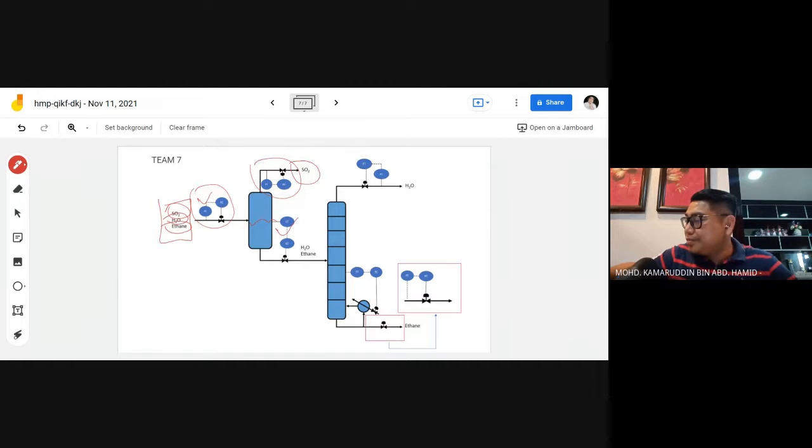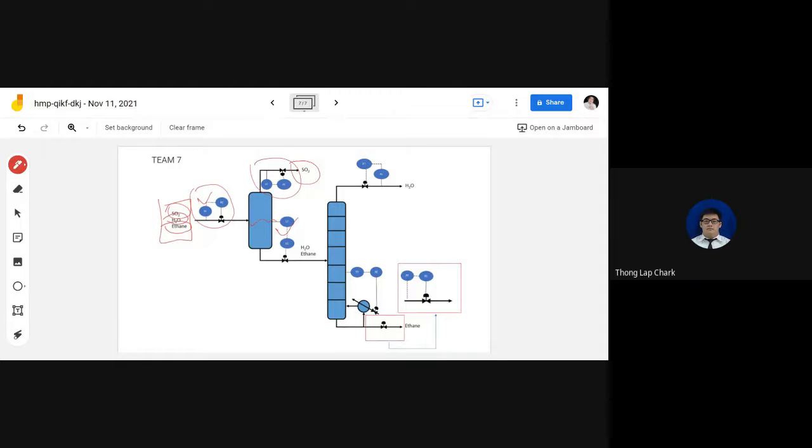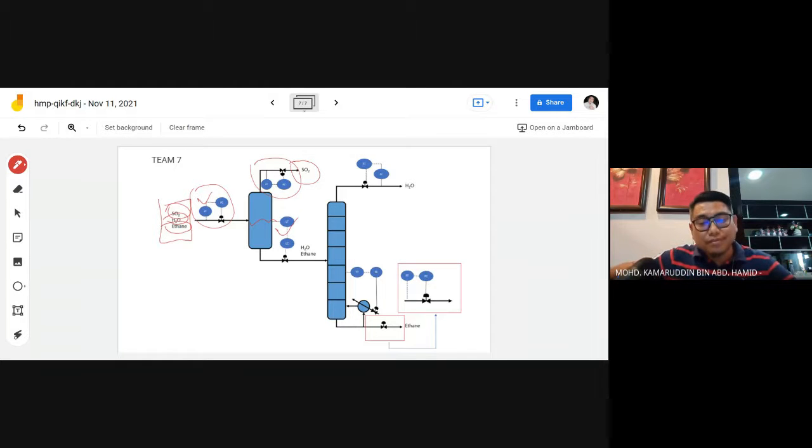Why you need to hold that SO2 there? This is an example of either you want to satisfy your control objective or you want to satisfy process safety objectives.